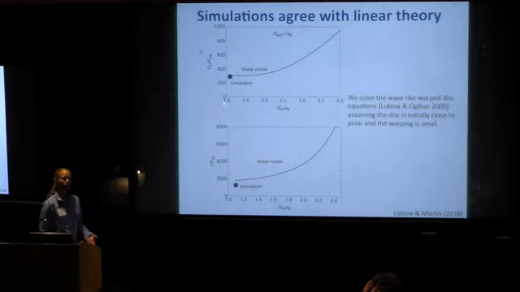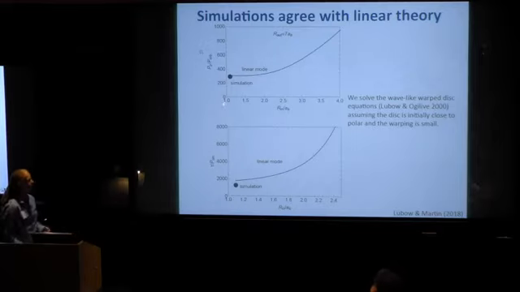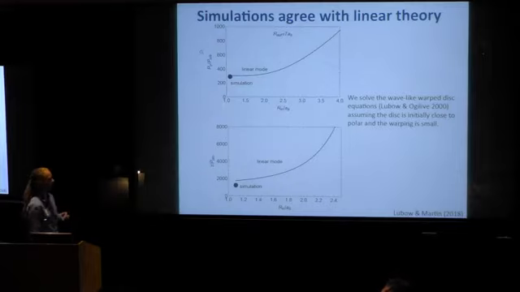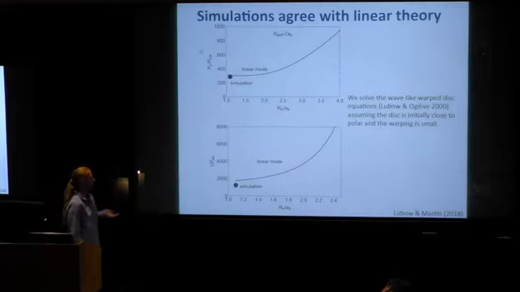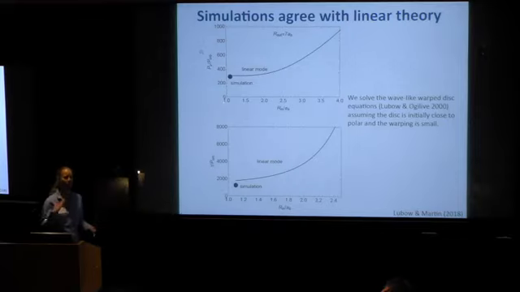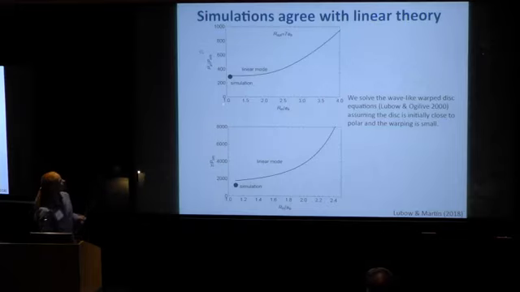We also solved the wave-like warp disk equations from Lubow and Ogilvie 2000. This assumes that the disk is initially close to polar and that the amount of warping is small. These are both reasonable assumptions. So we ran another simulation, which began at 80 degrees, very close, to compare to this theory.